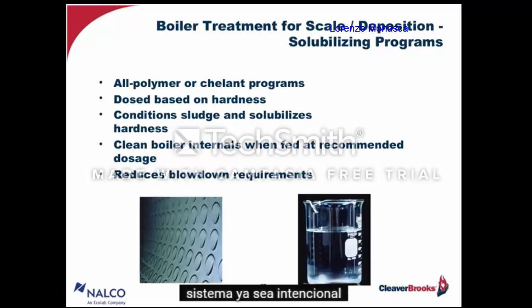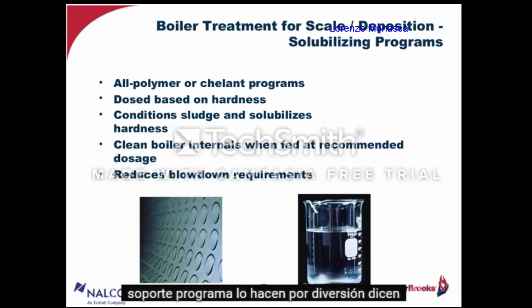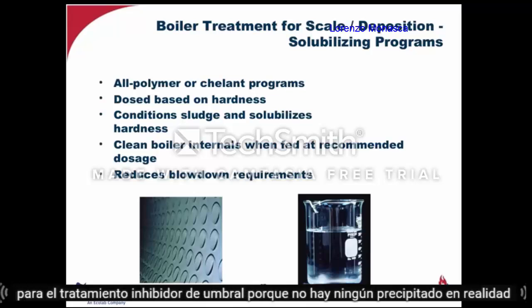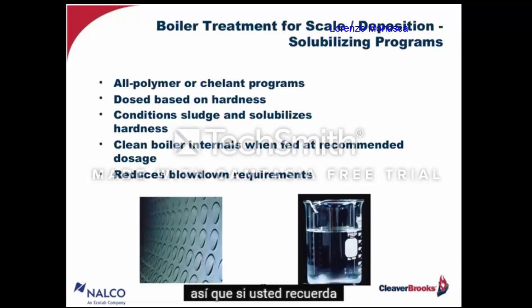Boiler internals tend to be much cleaner using solubilizing type programs than they do for phosphate or the threshold inhibitor treatments, because there's no precipitate actually formed, and that reduces blowdown requirements in most situations.